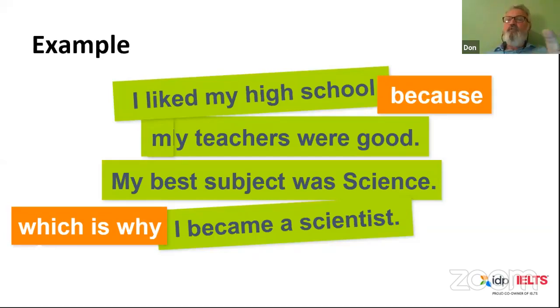Now, instead of 4 simple sentences, we have 2 complex sentences. I liked my high school because my teachers were good. My best subject was science, which is why I became a scientist.